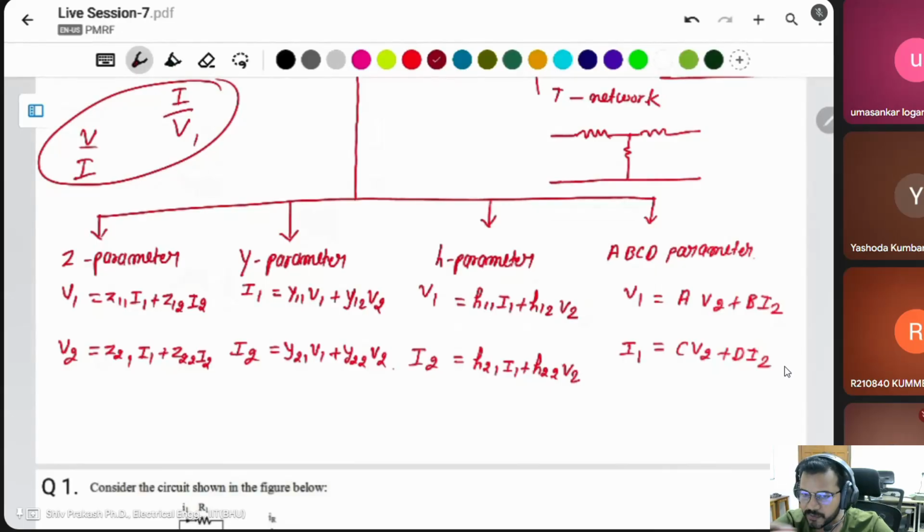The gain is V1 by V2, voltage gain, and current gain I2 by I1, the impedance is V1 I1 and admittance is I2 V2. If we reverse this one, then the order is the G parameter. Simply, if you want to find Z11, it is V1 by I1, with I2 equal to 0.